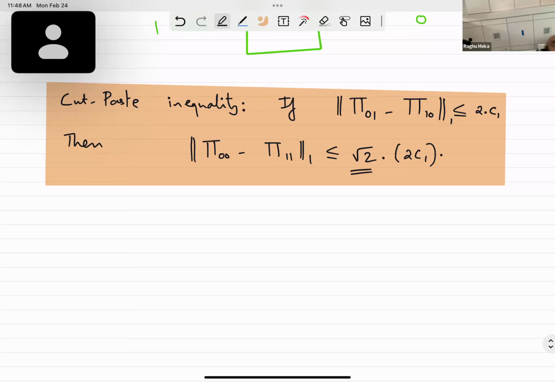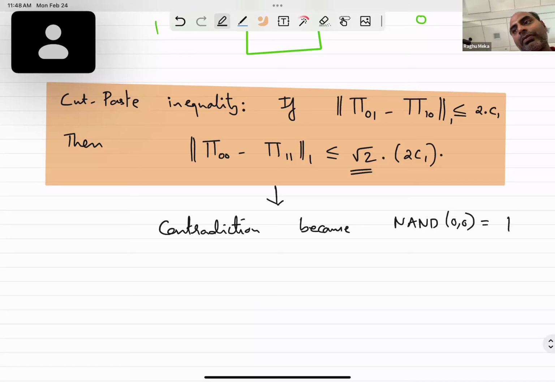Okay, so that's where the contradiction comes in. Contradiction because, okay. So I have two inputs where the final output is actually different. And I'm supposed to be doing that from the protocol itself. So the protocols are exactly identical. How can you have this?